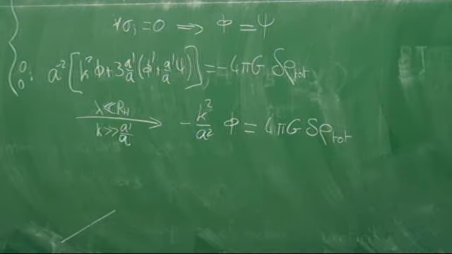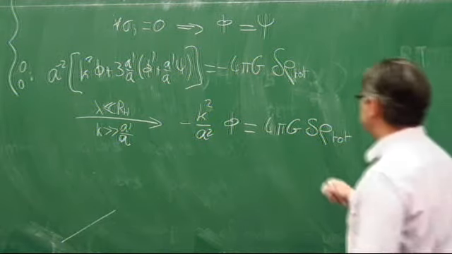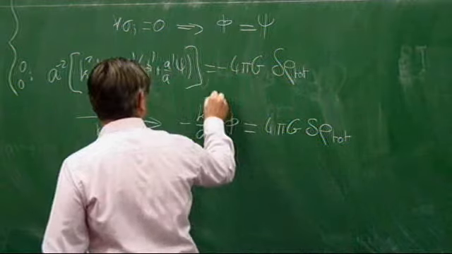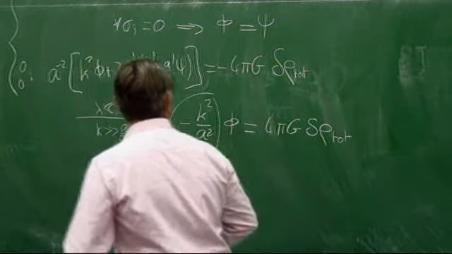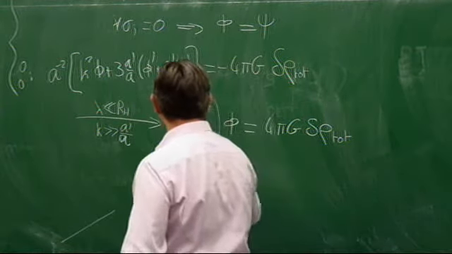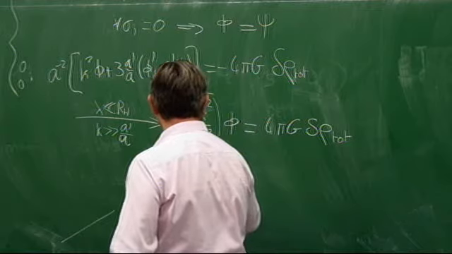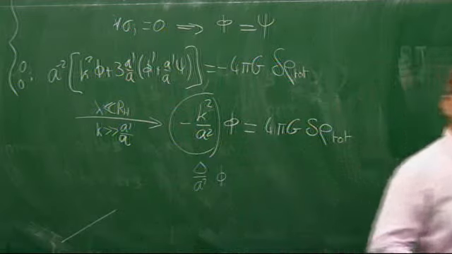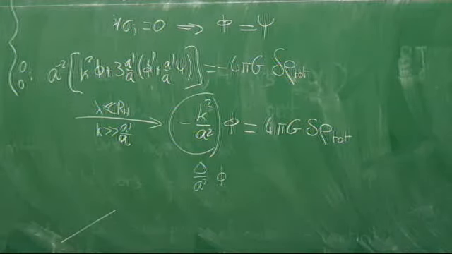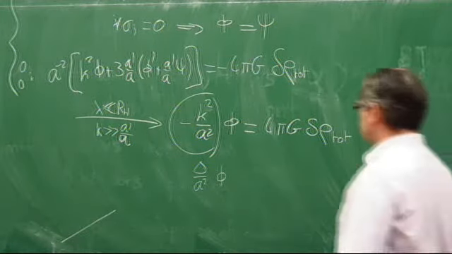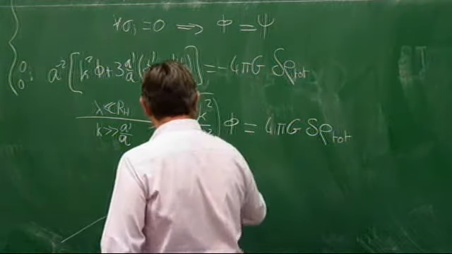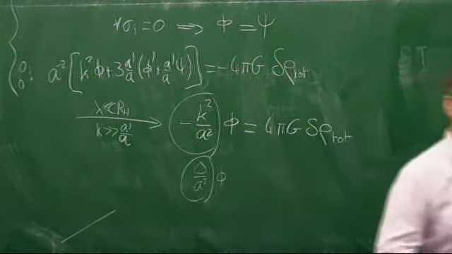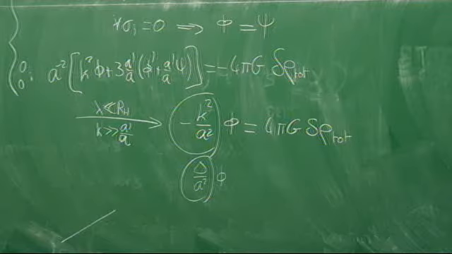The difference with the Poisson equation of Newtonian gravity is first that here we don't have just a Laplacian, but we have the Laplacian divided by a squared. This is because this Laplacian here is defined in comoving space. You need an a squared factor in order to have a physical Laplacian with respect to physical units.